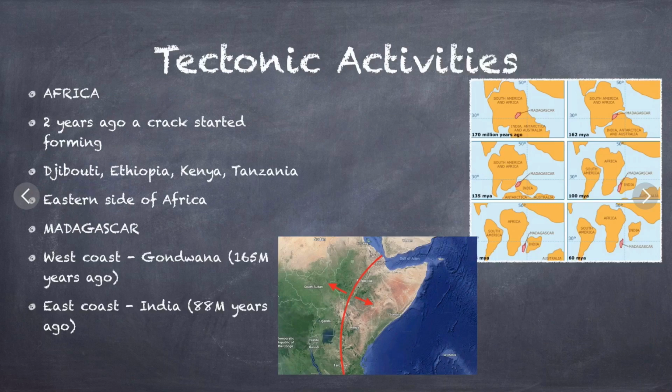Now let's talk about some very important tectonic activities. The first one is the most recent one, and that is about the African continent. Two years ago, a crack started to form here. It passed through Djibouti, which is a very small country in Africa, to Ethiopia, to Kenya, to Tanzania.